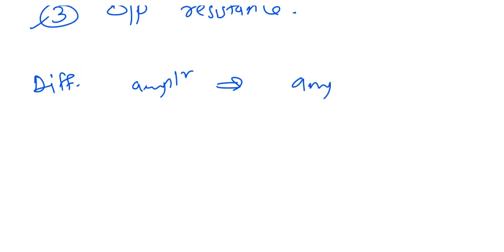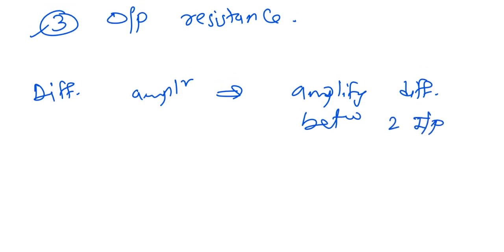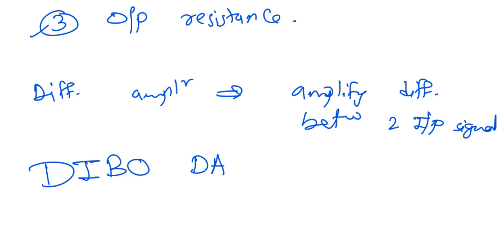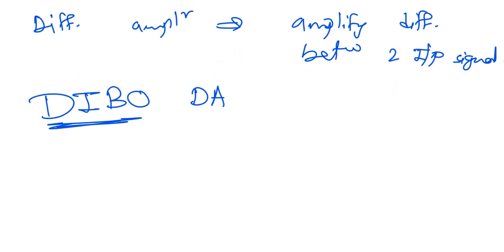Okay, quick revision. What is a differential amplifier? It is used to amplify the difference between two inputs. Then what are the four configurations? Dual input, balanced output, differential amplifier, also called DIBO for short. The second configuration is dual input, unbalanced output, differential amplifier.